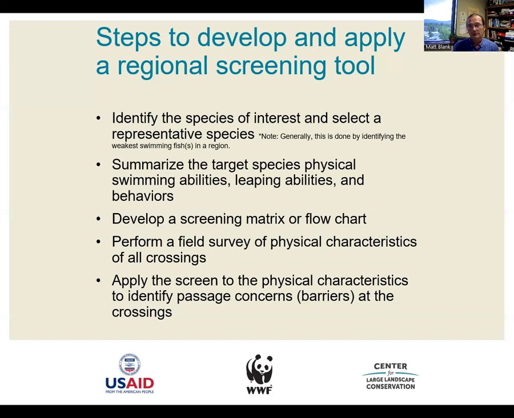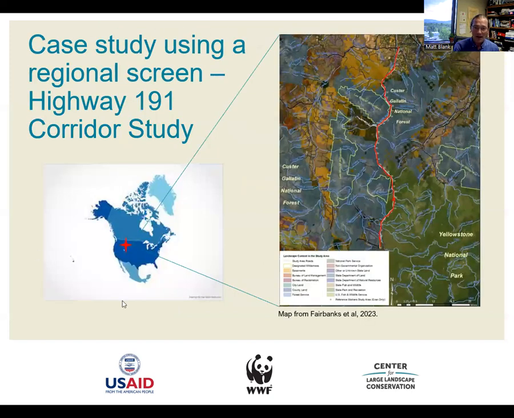So applying that, I'm going to go through an example that we recently have done here in North America. We looked at both terrestrial and aquatic passage for a corridor along Highway 191 in Montana. The red line is the corridor itself, highlighted here.